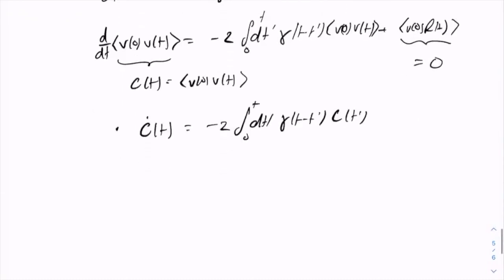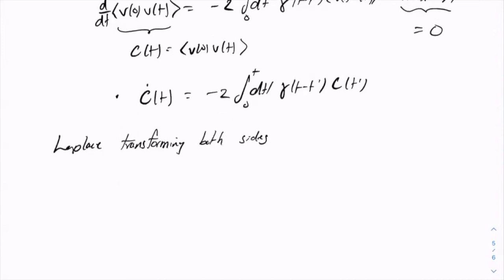We can solve this equation using Laplace transforms. If we Laplace transform both sides, so we have a time derivative, so we use our usual trick of noting that there's an exact Laplace transform of time derivatives, which gives me that Laplace variable times the function in Laplace space less its initial condition in real time.